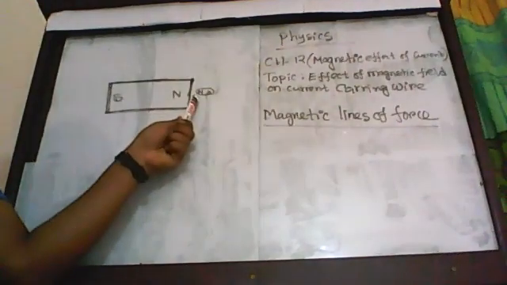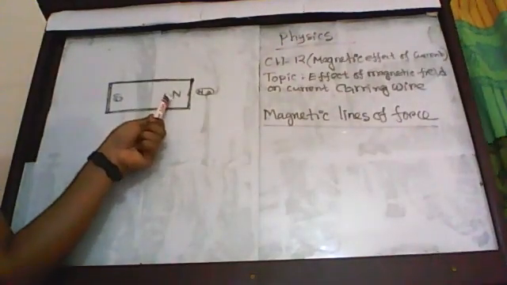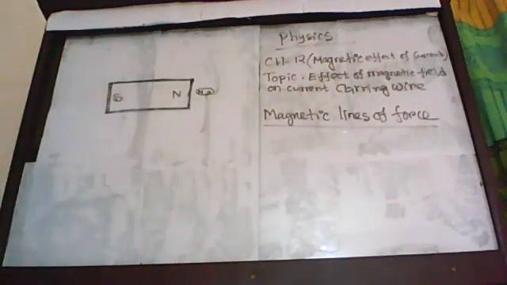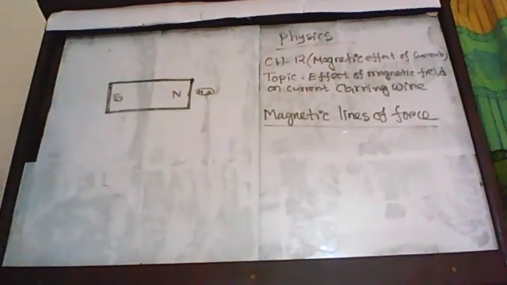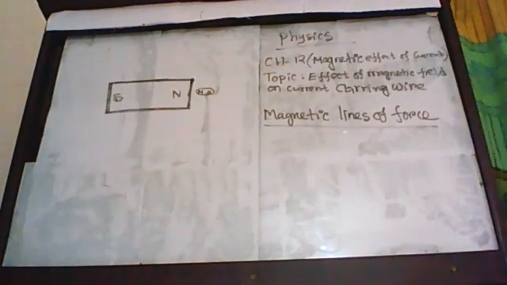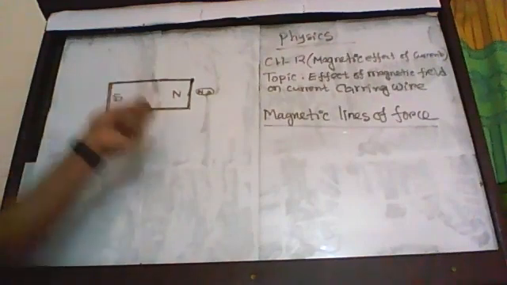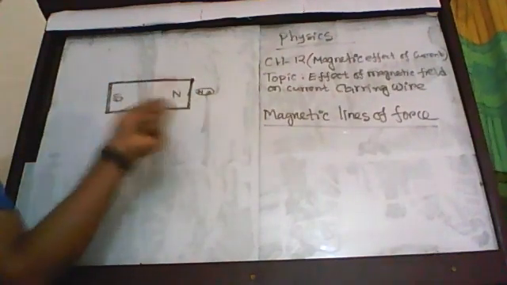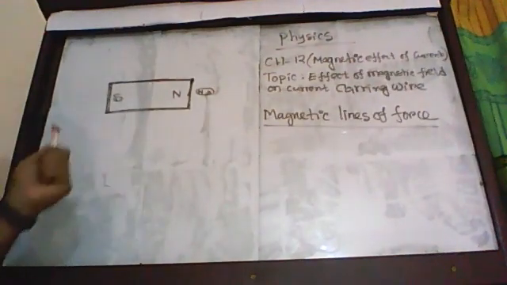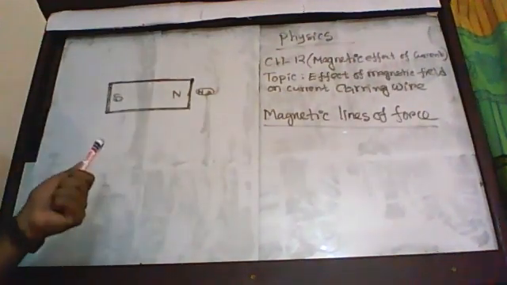Since these two north poles repulse each other, obviously we can say that these two north poles can repulse each other.